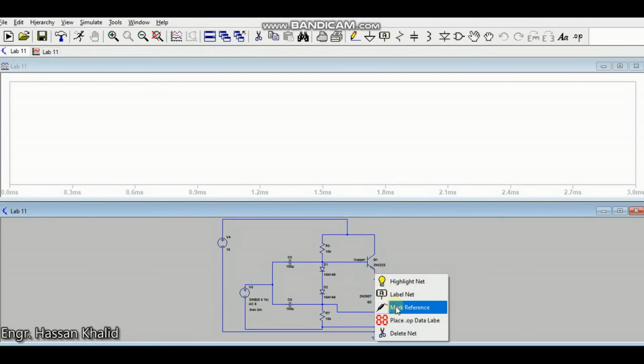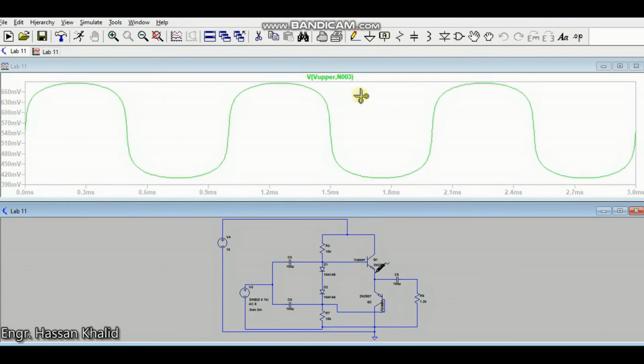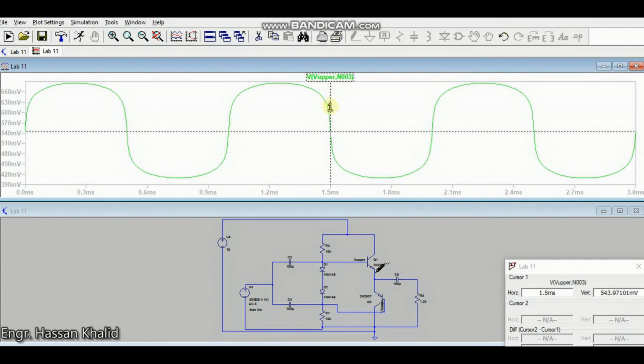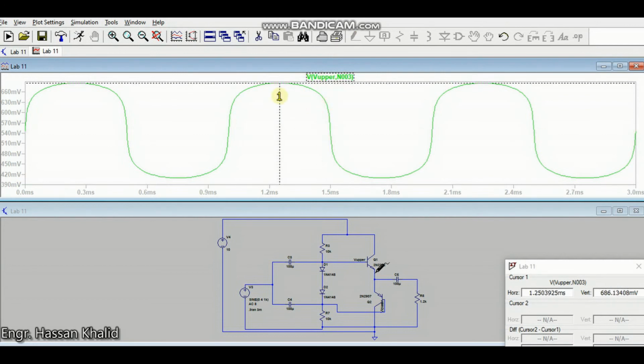Now you can see that the base to emitter junction of each of the diodes is demanding 686 millivolts, and only if each diode is capable of delivering this voltage or higher will the amplitude and the output waveform be synchronized.